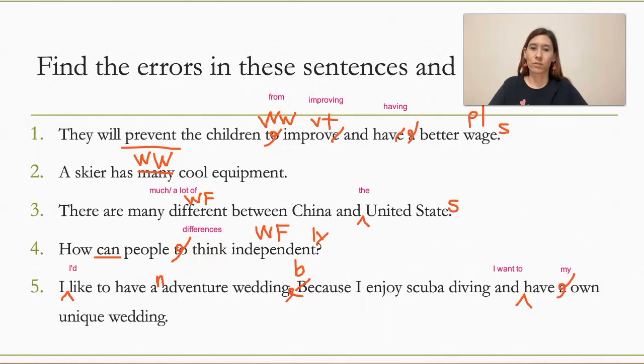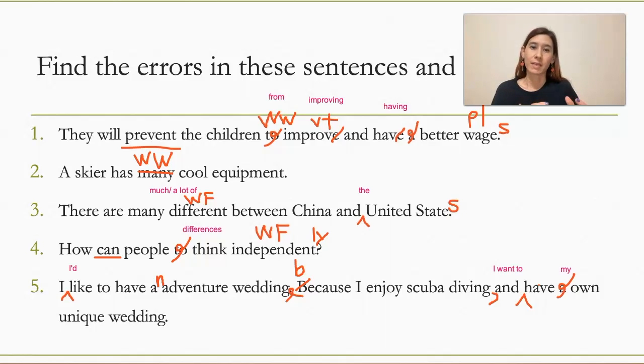So this corrected would be one long sentence. I'd like to have an adventure wedding because I enjoy scuba diving and I want to have my own unique wedding. If you see, we connected at the end with and these 2 sentences. So you need to put the comma here before your coordinating conjunction and to connect the 2 sentences.